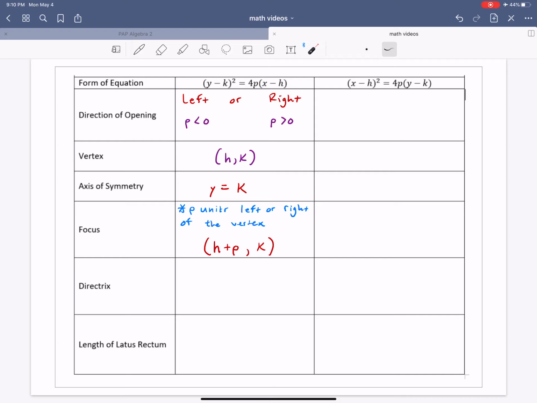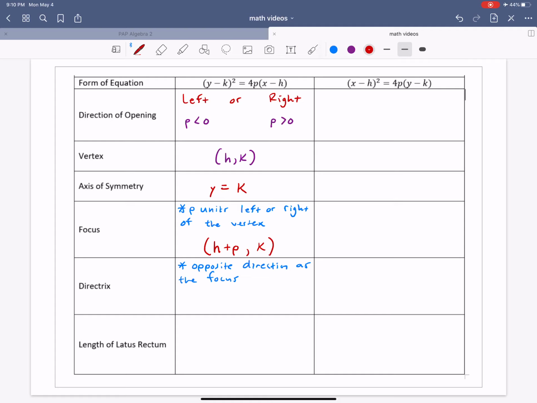Now, the note I want you to write for your directrix is that it goes in the opposite direction as the focus. And remember from your diagram that the directrix is the equation of a line.